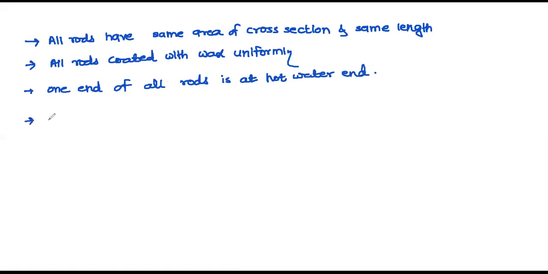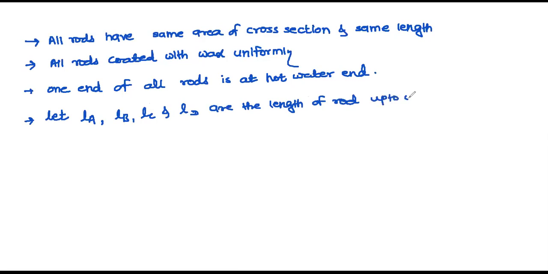Now listen. Let LA, LB, LC and LD be the lengths of rod up to which wax melted.